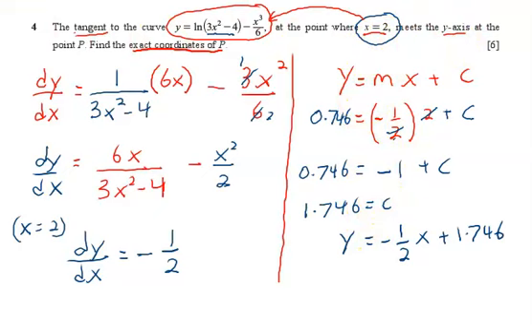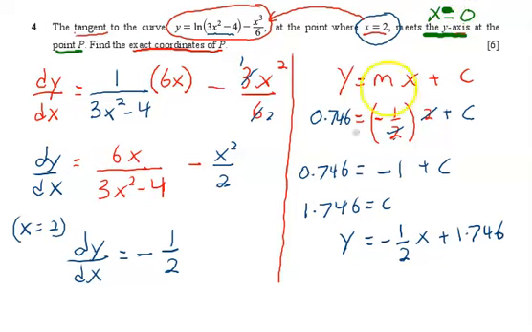Now look here, let me use a different color. The line meets the x-axis at the point P. Sorry, meets the y-axis at the point P. At the y-axis, we have to understand that x equals 0.